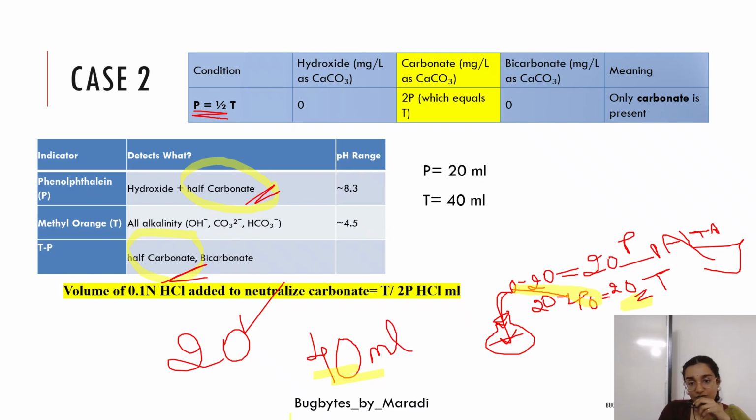I have already explained this concept in the previous slides; you can go back if you didn't understand. Here it indicates that only carbonate is present, nowhere hydroxide or bicarbonate. If hydroxide had been present, you wouldn't get 40 here, you would have got 45 or 50 or something like that. We'll study that in the next cases.